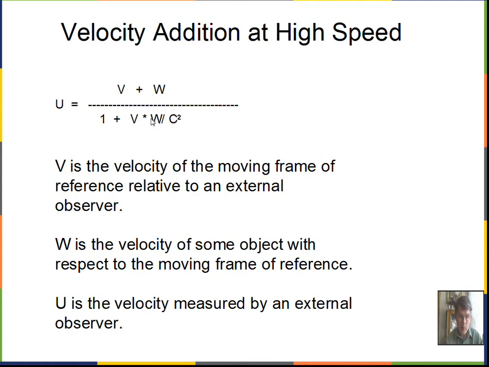So we do that multiplication, and then we divide by the speed of light squared. This is the correct velocity for the combination of the frame of reference moving and an object in that frame of reference in motion. This is the correct way to do the analysis. The ordinary classical physics addition of velocities is on the top, with a correction factor that prevents wrong results.